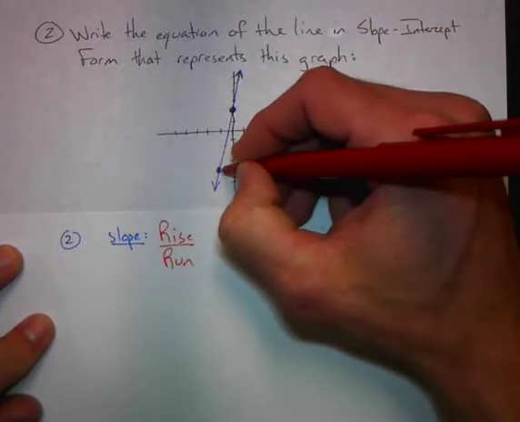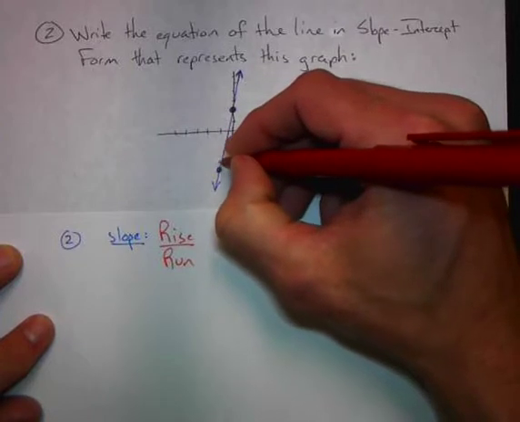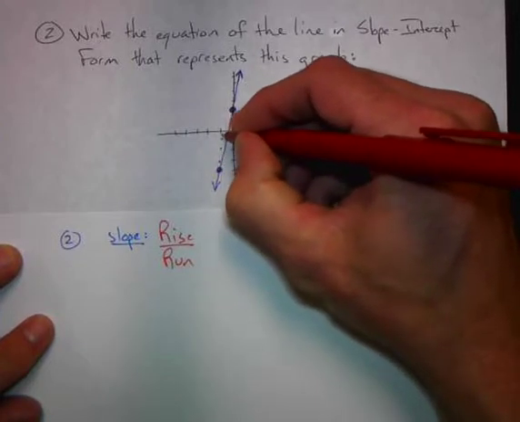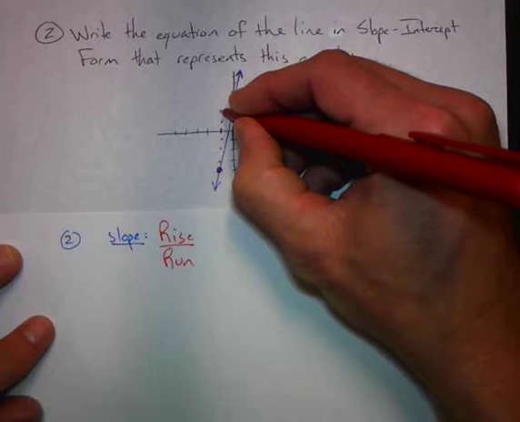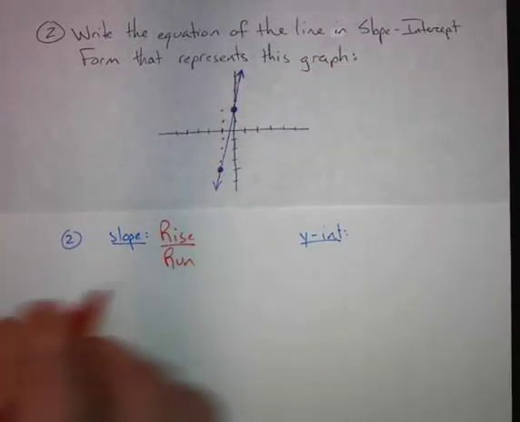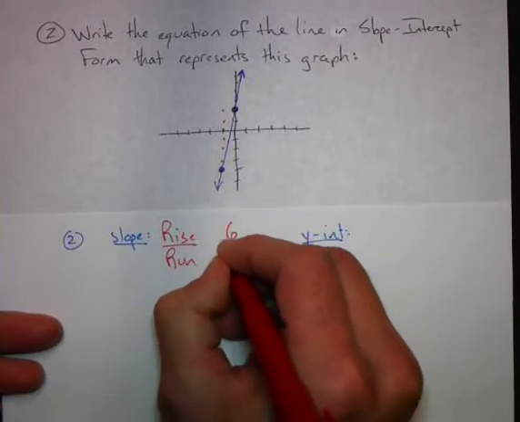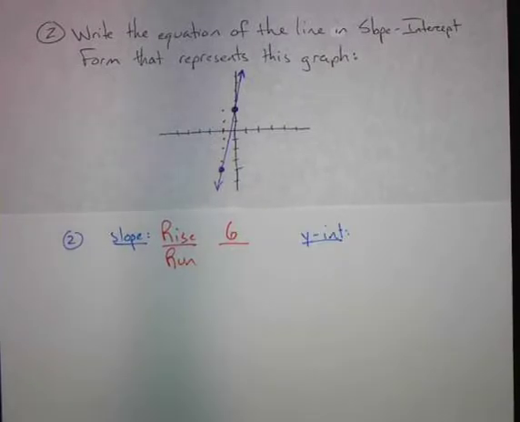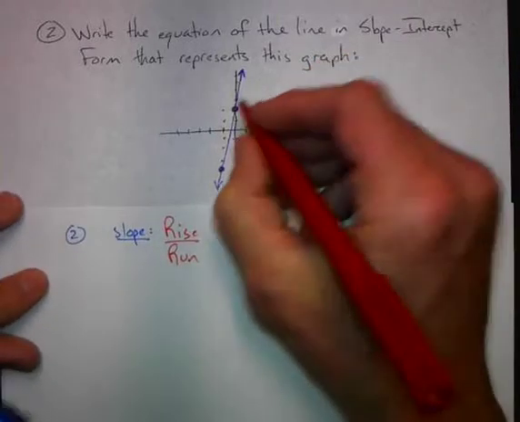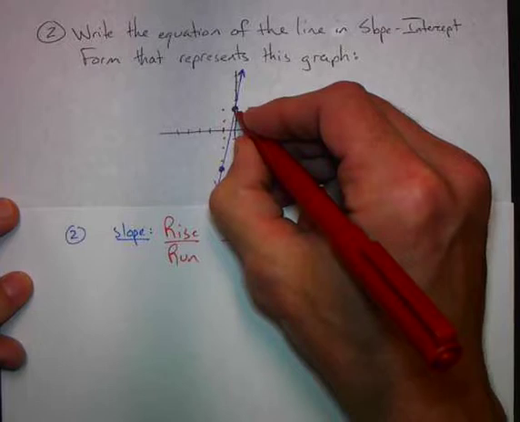If we look from the bottom point to the top point, we can see that it's rising 1, 2, 3, 4, 5, 6 units. It is rising 6 units. So positive 6 for the rise. And from that rise of 6 units, it's running to the right 1.